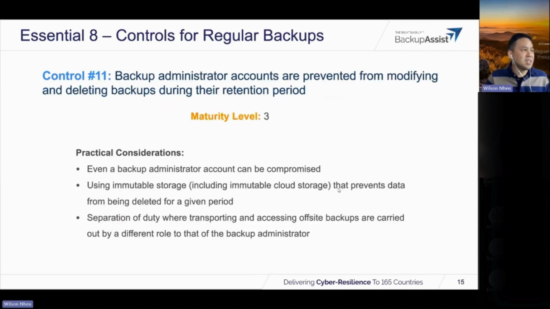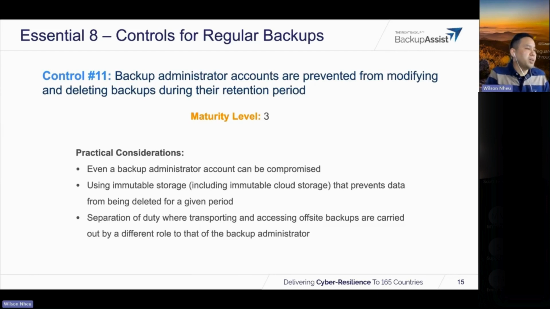And lastly, with control number 11, we are talking about preventing even the backup administrators from modifying or deleting backups within their retention period. So if your backups were meant to be kept for 30 days, you shouldn't be able to delete them within that period of time.